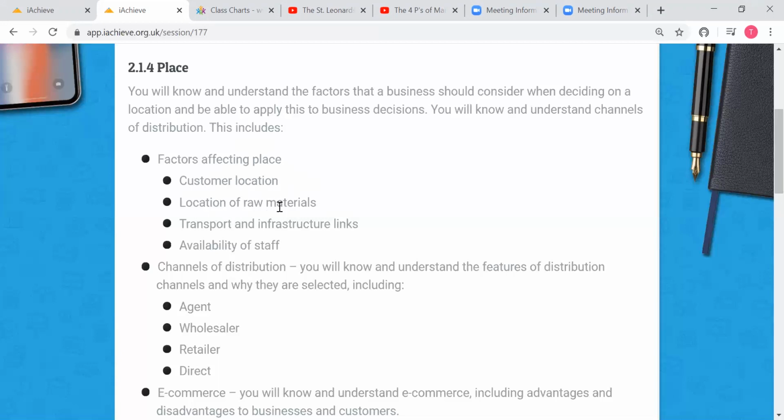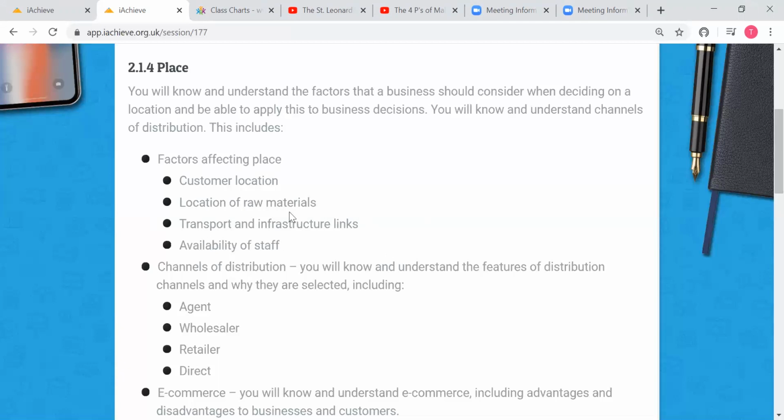If you have a tangible product, which means obviously a product that you can hold, then it is made from something. And the location of the materials that go into making it is absolutely critical for you being able to produce and sell that product. Another factor is transportation and infrastructure links.